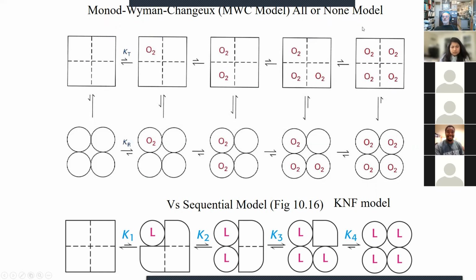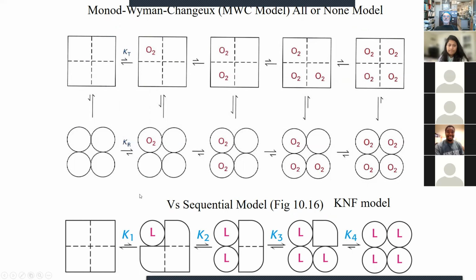In this case, all or none doesn't refer to ligand binding, it refers to conformation. You're either in the low or high affinity quaternary structure and the ligands bind. And the pathway tends to be along this high affinity pathway down below. You will always have T-state forms. It will depend upon the magnitude of the equilibrium constants between them.